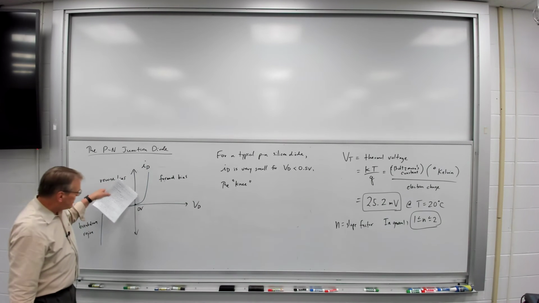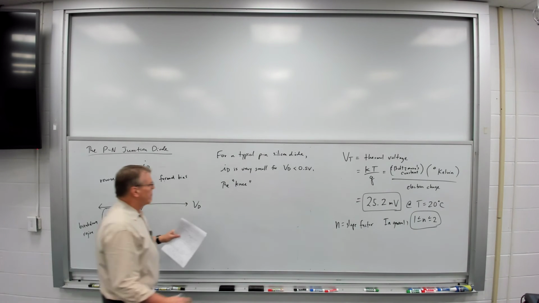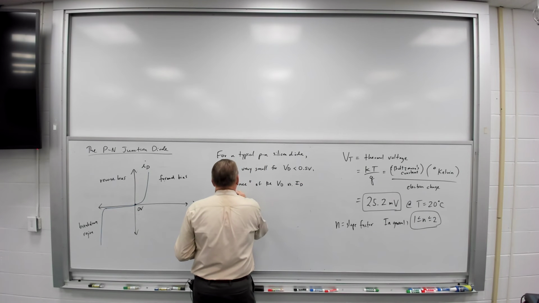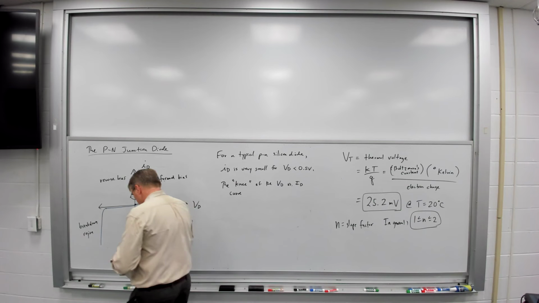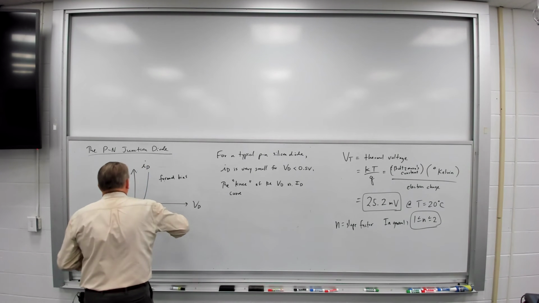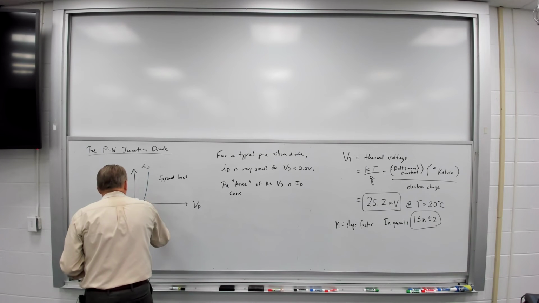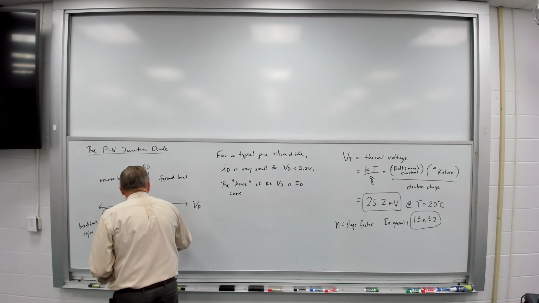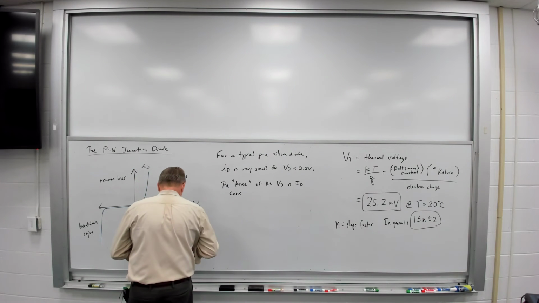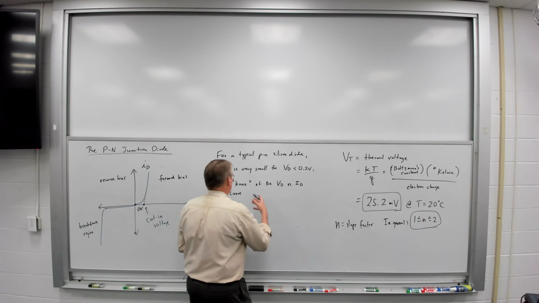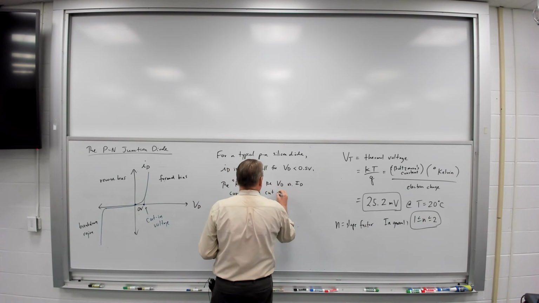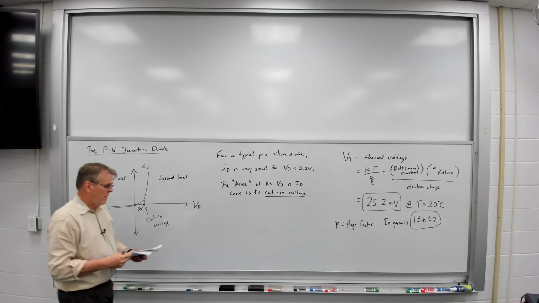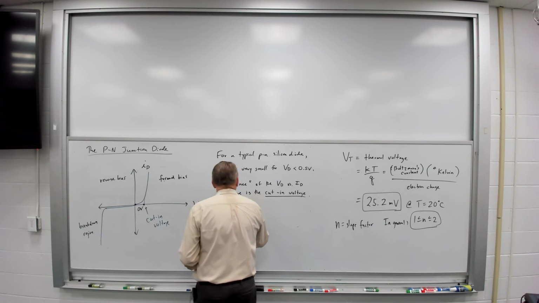We give the knee of that voltage versus current curve a name: we call this the cut-in voltage, and normally we will say this is VF.